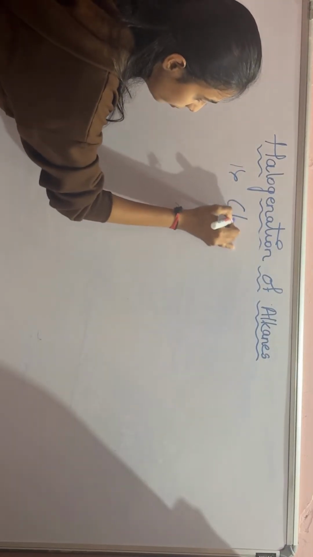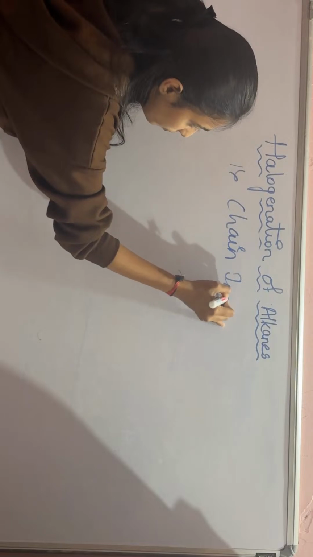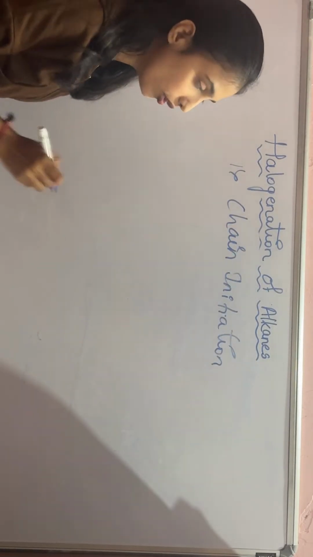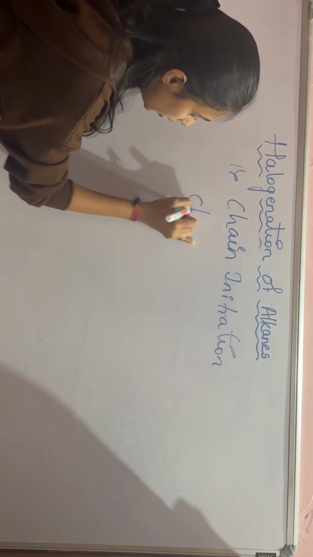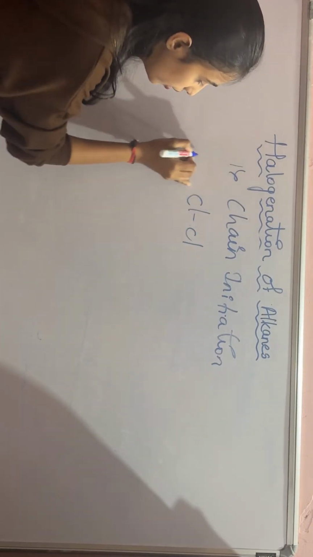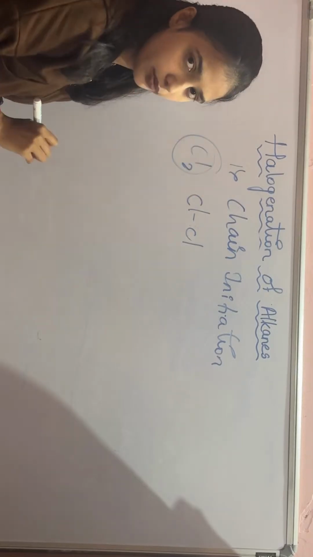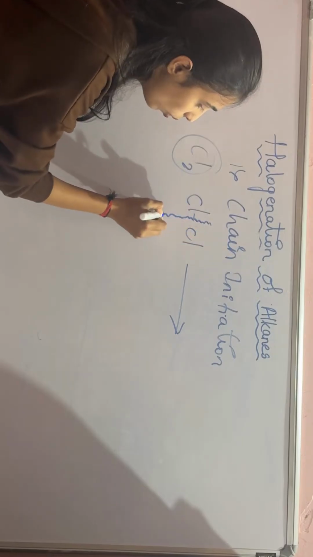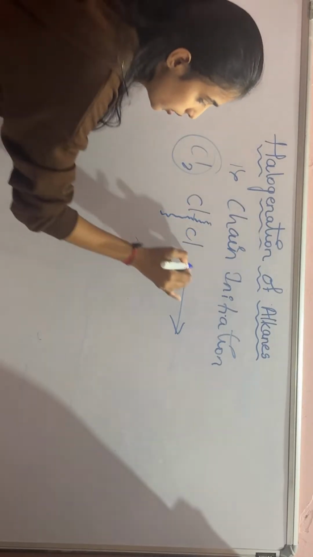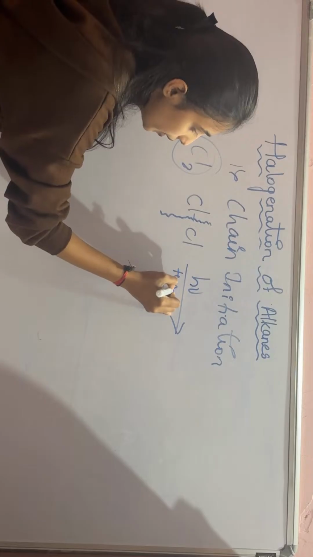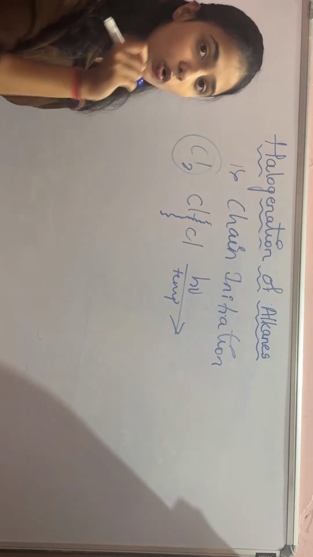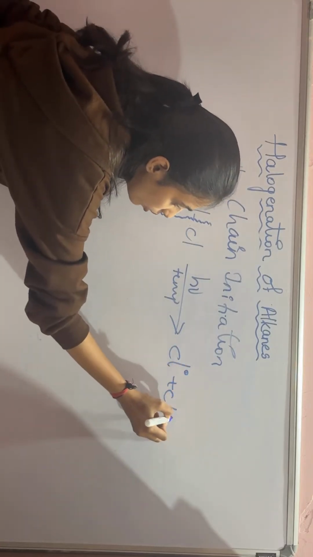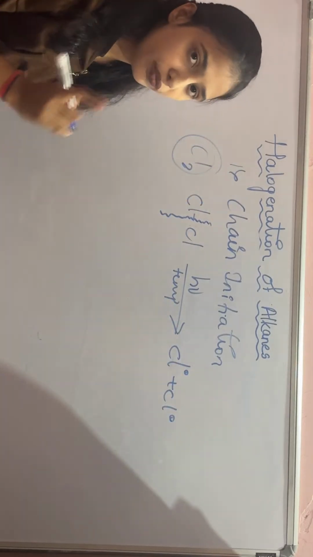Your first step is chain initiation. In that, whatever Cl2 is there, I have written it just like this. Your Cl2 will undergo homolytic cleavage in presence of light and temperature to form 2 free radicals of chlorine.